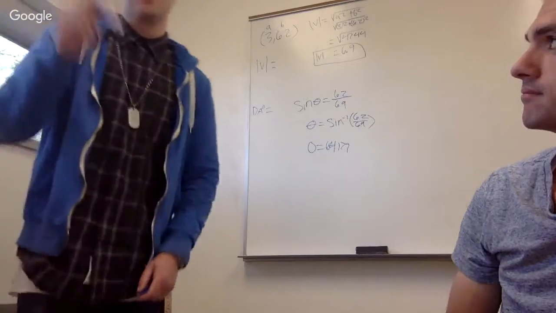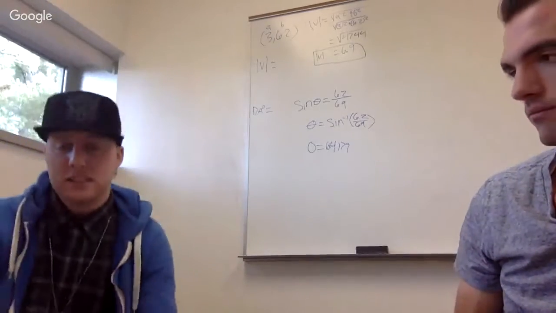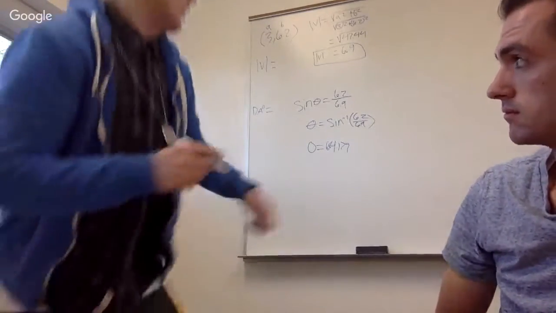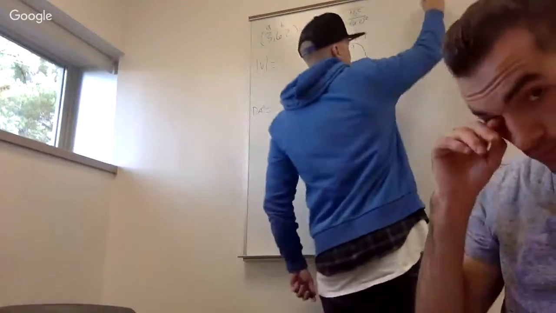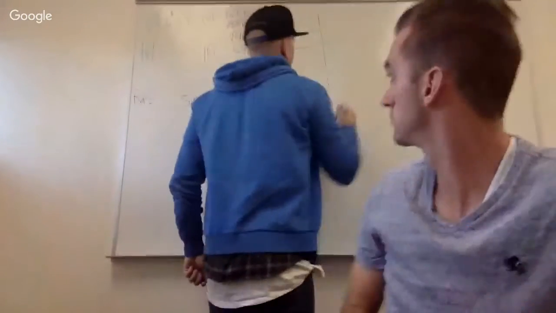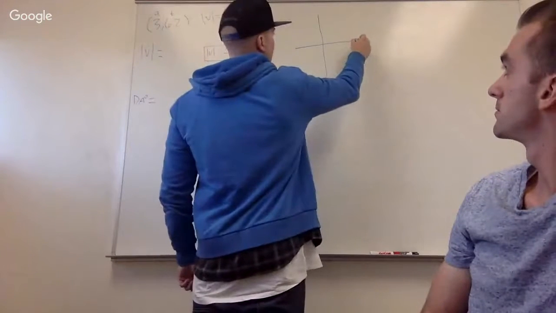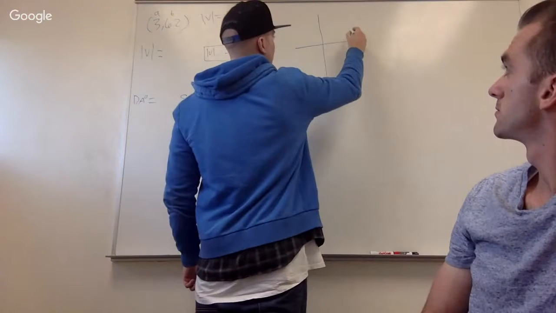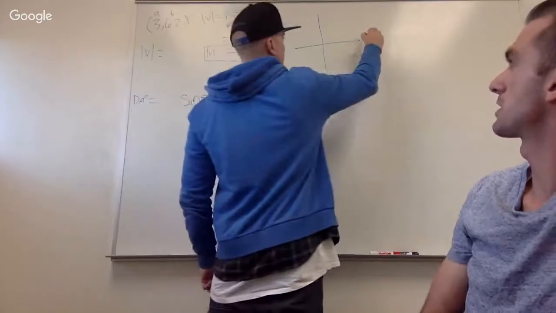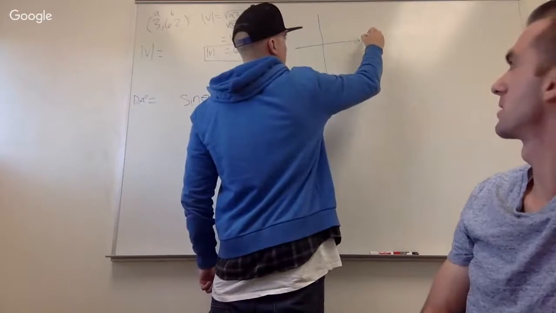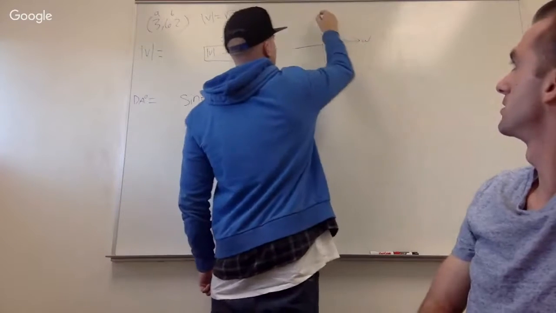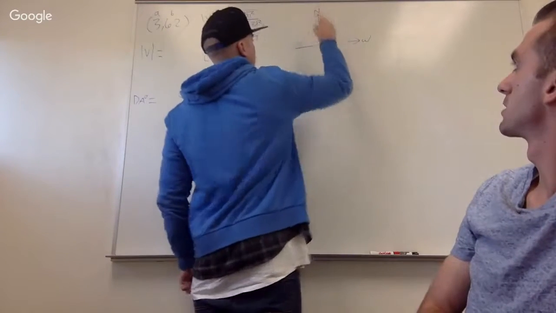So we drew it. It tells us in the picture. I'll draw it exactly how we drew it. This is west, and we put this as north. You just do the top as north.